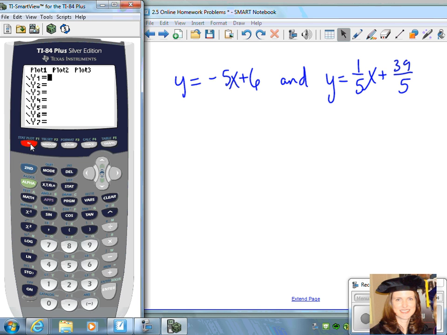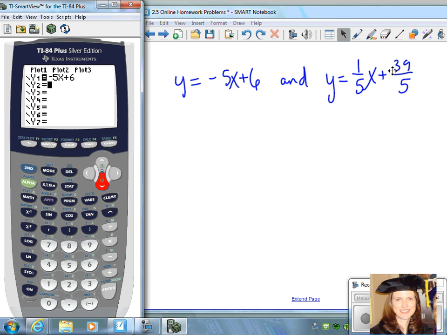So going back, I'm going to press the y equals. I'm going to type in the first equation, negative 5x plus 6. Use the little negative button on the bottom, 5, and then this button gives you the variable x, plus 6. For the second equation, I can also graph that by using the arrow down.